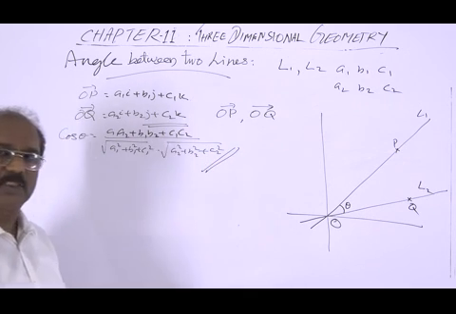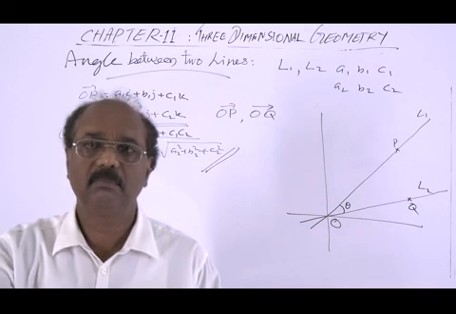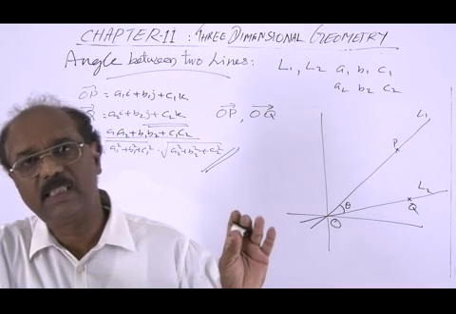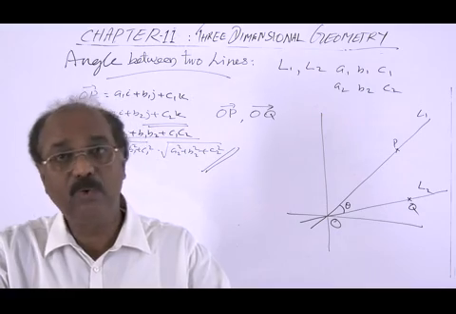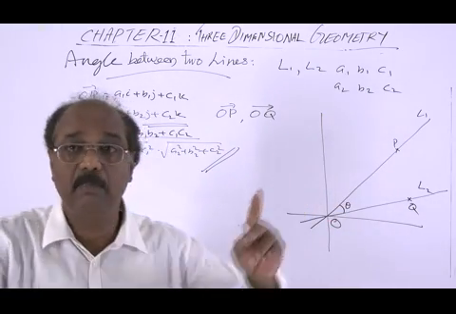This is a result using vector theory. So that is the angle between the two lines. The angle between the two vectors is the same as the angle between the two lines.